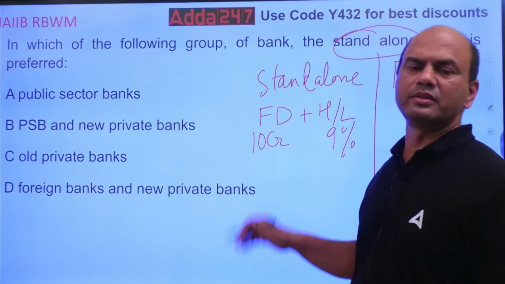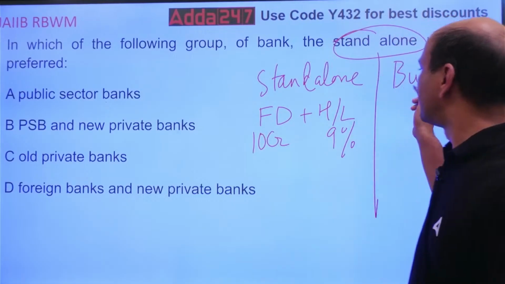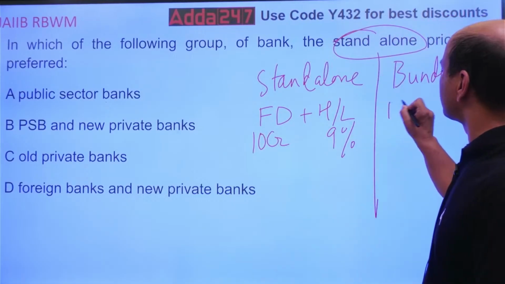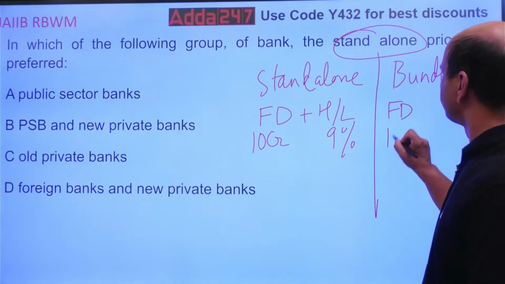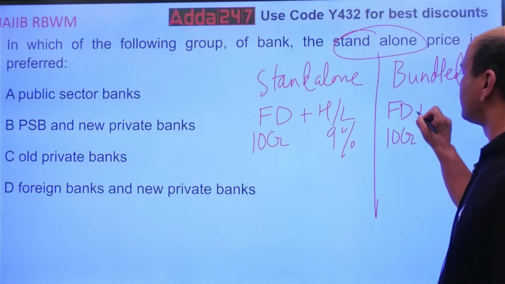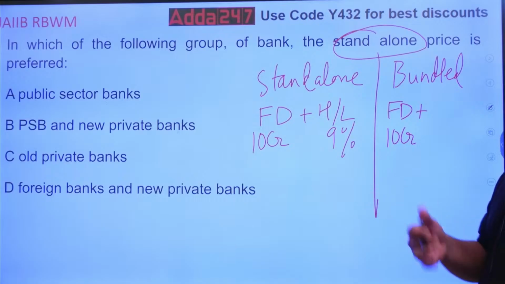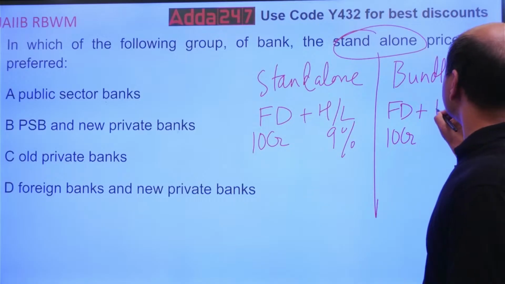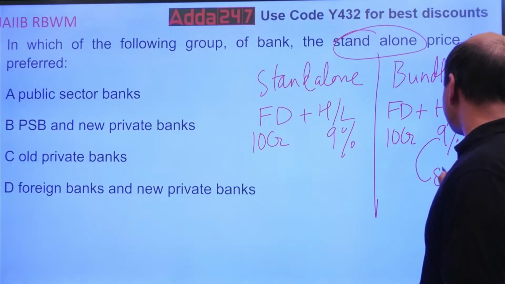So, standalone. Bundled. FD 10 crores. You will give me a preferred treatment. Preferred means very high treatment. You will say, okay, home loan. Others are having 9%. Okay, sorry sir. For you, it is 8.5%.